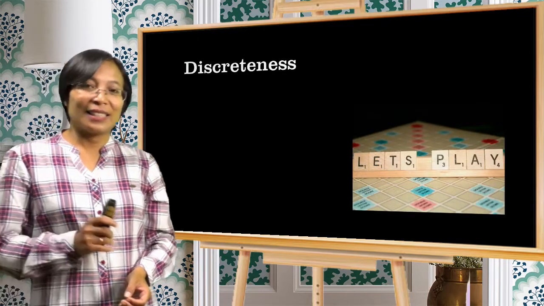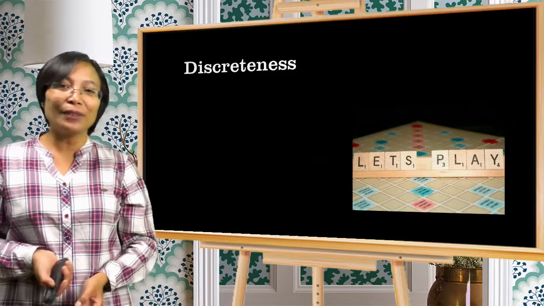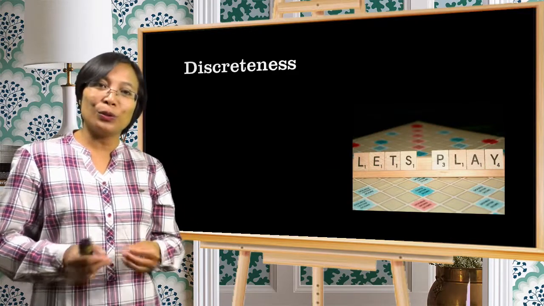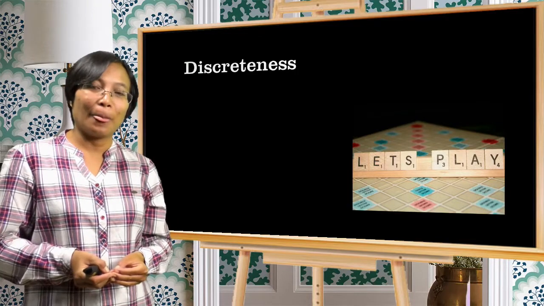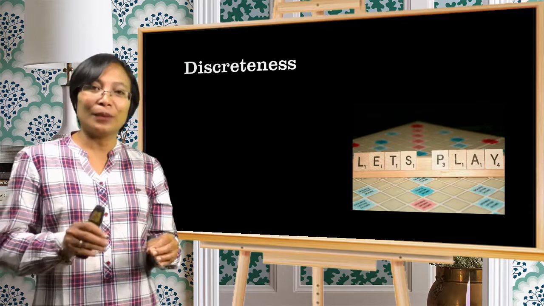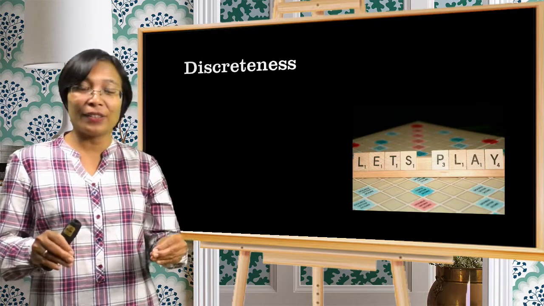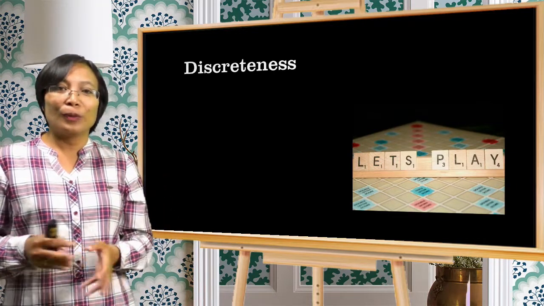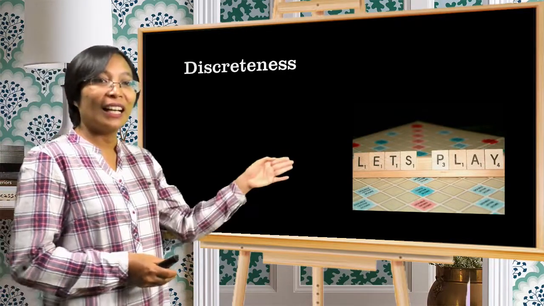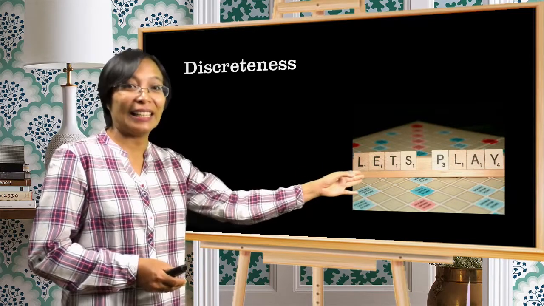Next one is discreteness. Have you ever played Scrabble? What do you do when we play Scrabble? At the first time we have the letters, right? And then we try to arrange the letters in such a way to make words. For example, in this illustration, we have the words let's play.